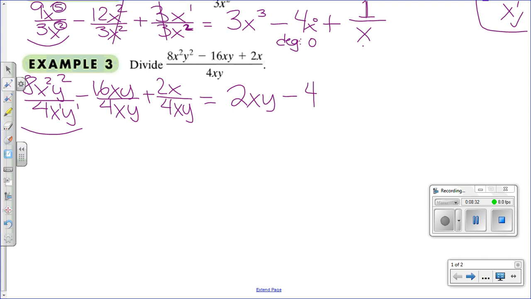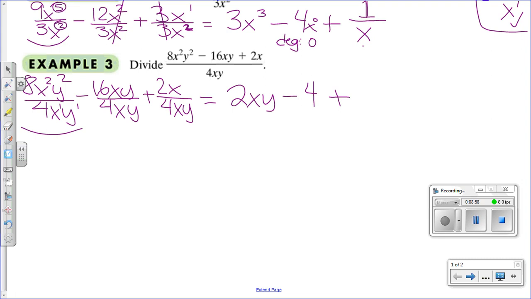Okay. You, Isaac. What do you get on this one? Positive 2y. All right. Let's see. 2 cannot be divided by 4, right? I mean, it can, but it's going to give us something less than 1. But we could reduce, right?